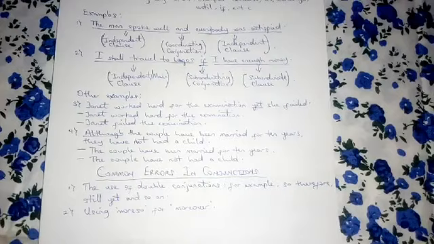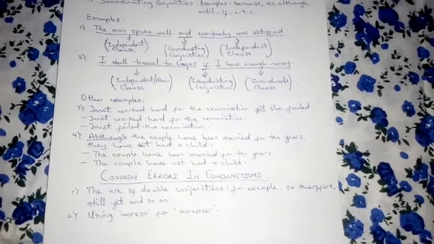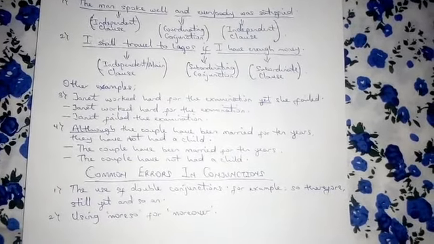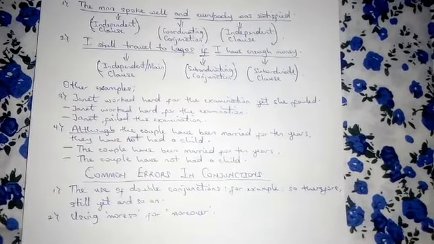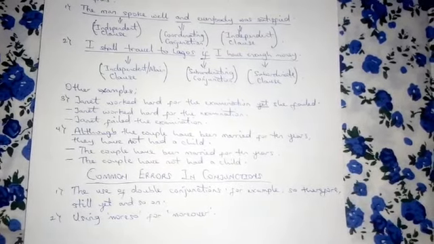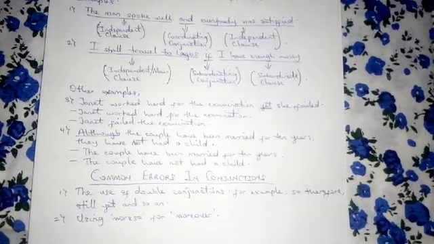Now we move to the last aspect of this lesson: common errors in conjunctions. In our daily conversation, there are some errors that we make, especially in the use of conjunctions, which is very wrong in English language. Number 1, the use of double conjunctions.